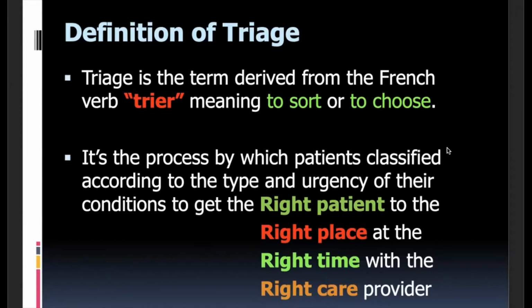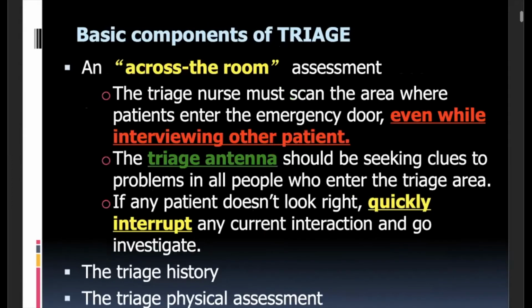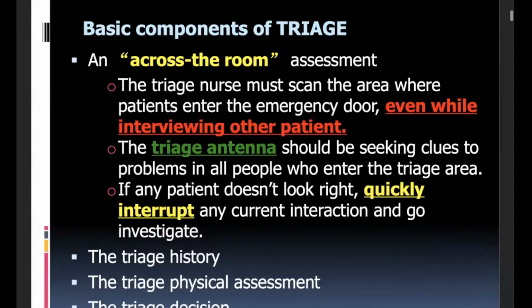Now let's move on here. The next one: basic components of triage. We have what we call an across the room assessment. It means that you have to widen your horizon when you are inside the ED, the emergency department.